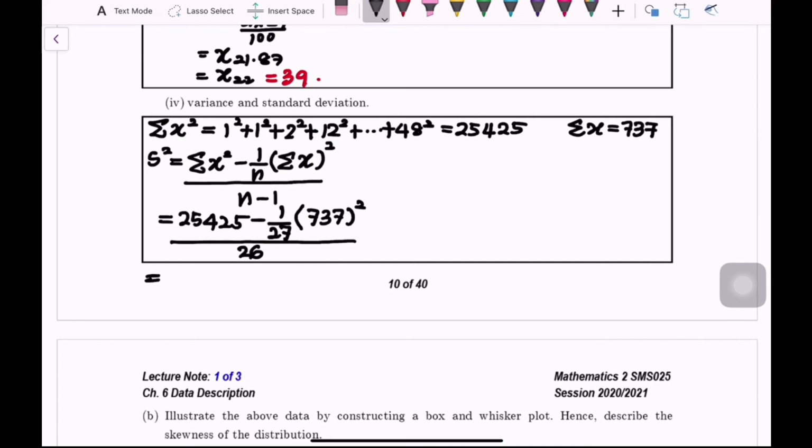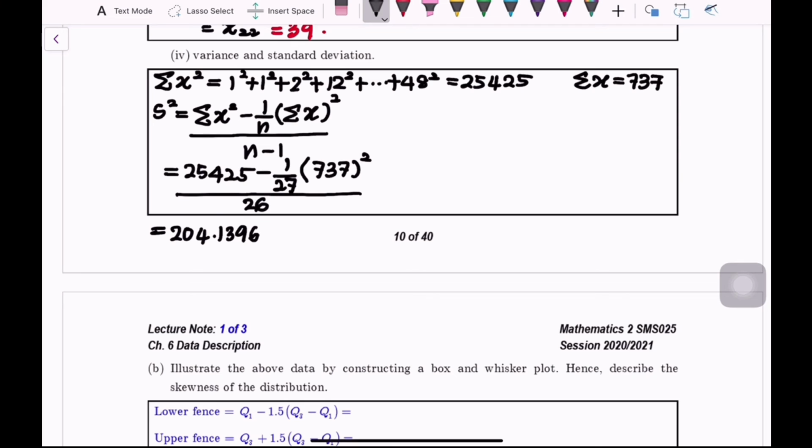So variance is equal to 204.136. Standard deviation, symbol s, is equal to the square root of variance. So s is equal to the square root of 204.136, which is 14.29.